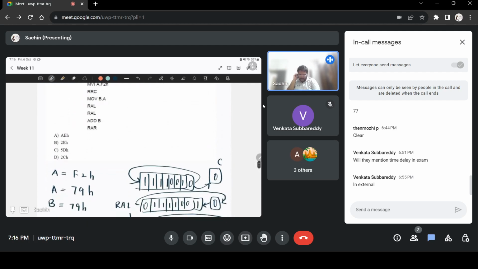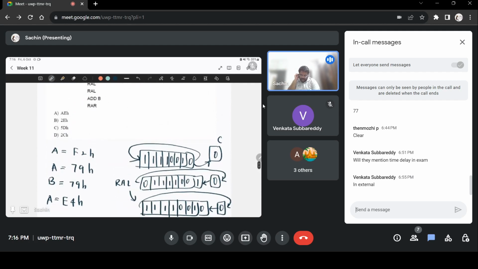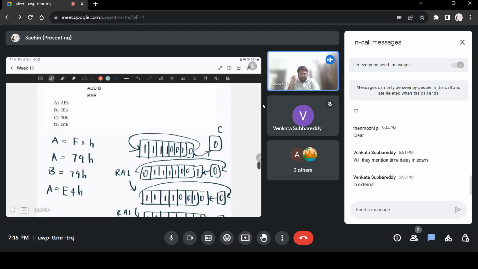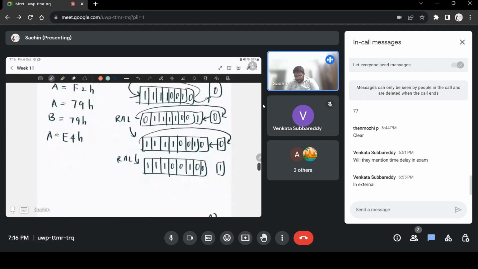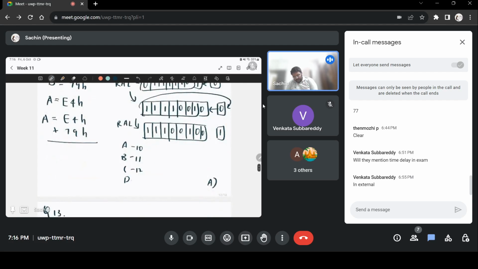Then you add B. That is, add the contents of register B to the accumulator and store it in the accumulator. So the accumulator will become E4H plus 79H. What's this? 9 plus 4 is 13. A is 10, B is 11, C is 12, D is 13.